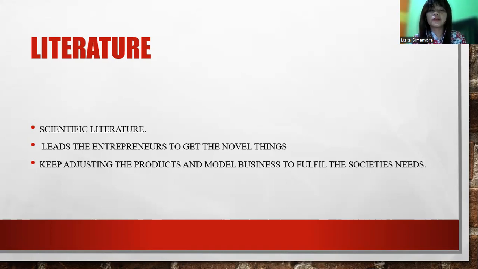And the third point about discovering the problem by reviewing literature is that you, as an entrepreneur or as a policymaker, can keep adjusting the products and business model to fulfill society's needs. Let's say currently people do shopping by scrolling on their smartphones, and we just enjoy buying things online.